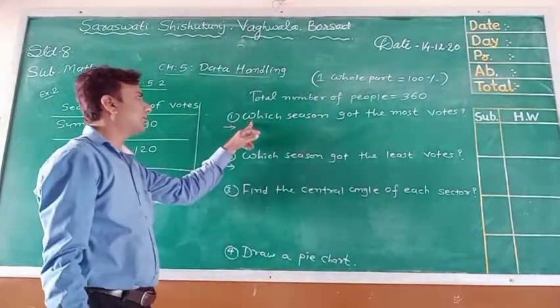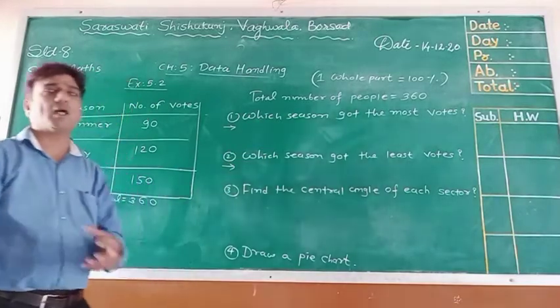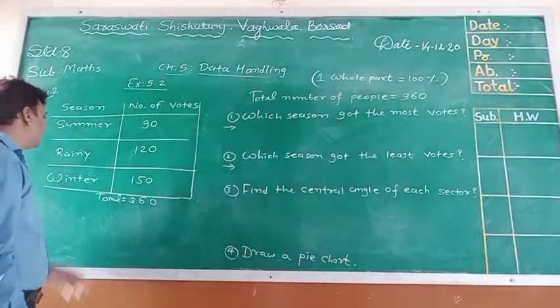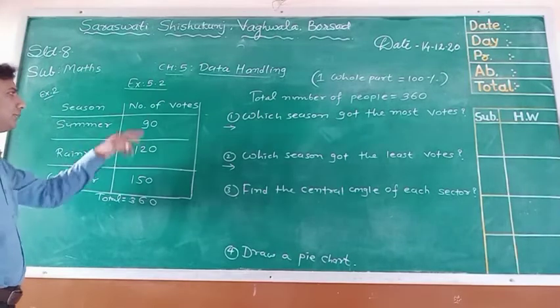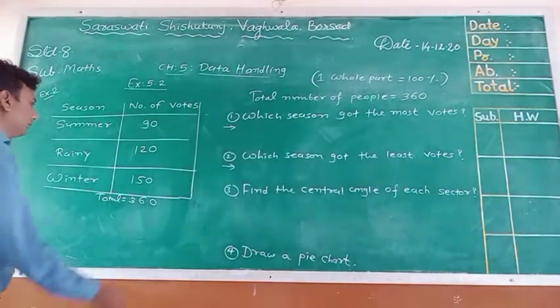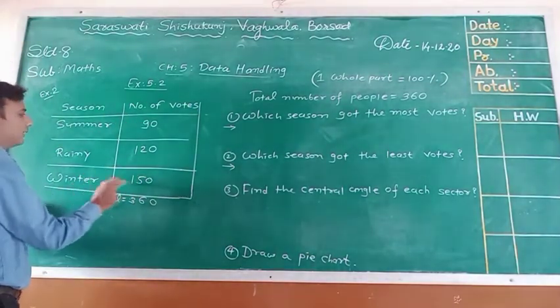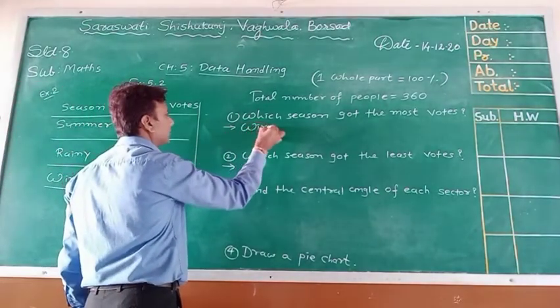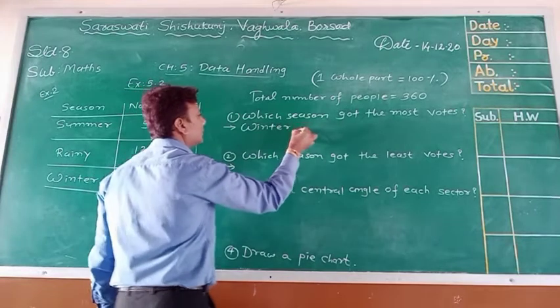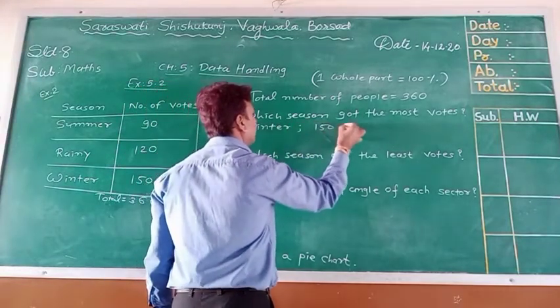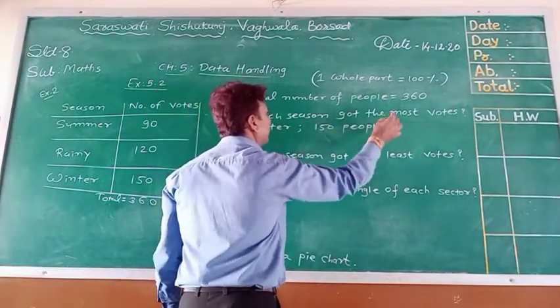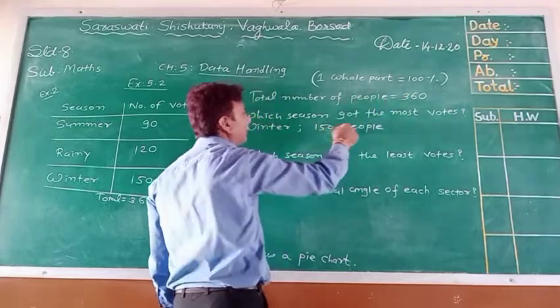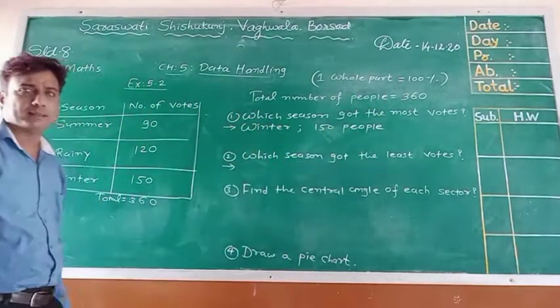Now first question: which season got the most votes? More people means most liked, so winter has 150. So we can write winter, 150 people. From 360, 150 people like the winter season.